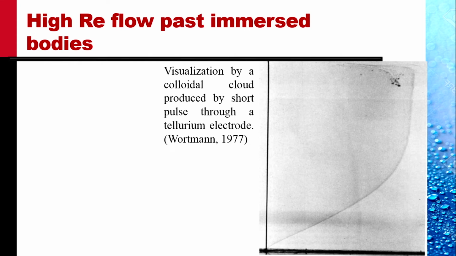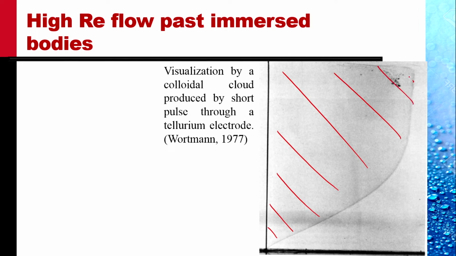When a current passes through a tellurium electrode, tellurium ions leave the wire and are swept down. These tellurium ions produce a cloud-like appearance, since they are traveling with the velocity of the fluid. This cloud region mimics the velocity profile on a flat plate.